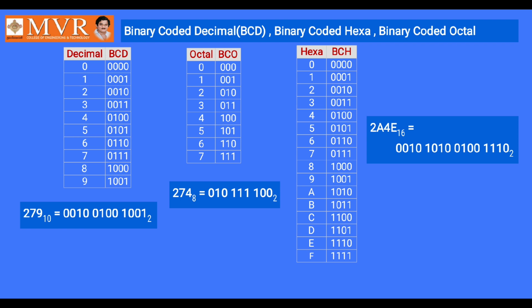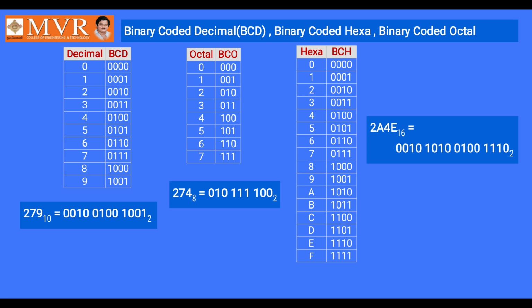Then octal to BCO, binary coded octal. 274: 2 stands for 010, 7 stands for 111, 4 stands for 100. So this is binary coded octal. Now binary coded hexa values. Like you see in the hexa table, 2A, 4E I have considered.